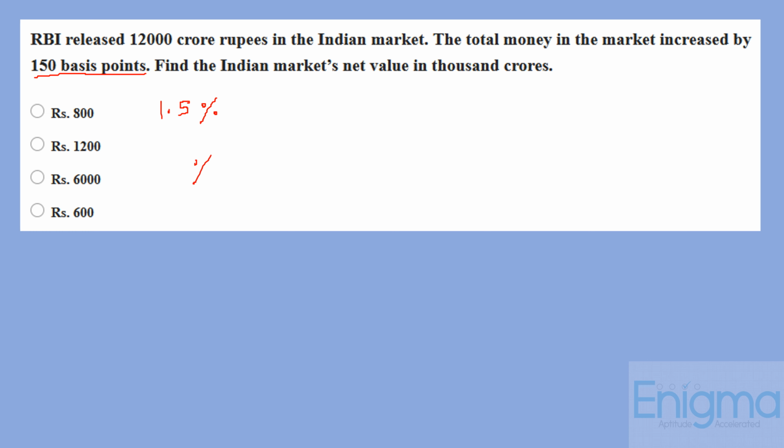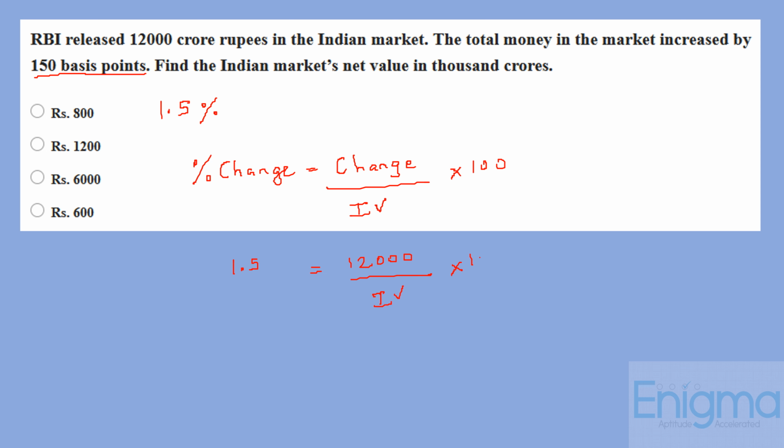Now, general formula of percentage change is equal to change upon initial value into 100. So we have here percentage change is 1.5, change is 12,000, initial value, that's what is asked, so we don't know, into 100.